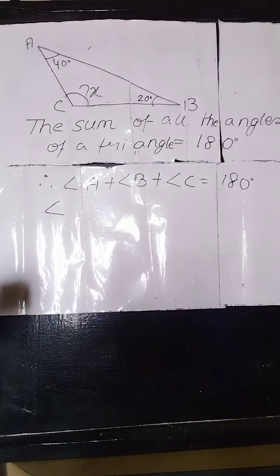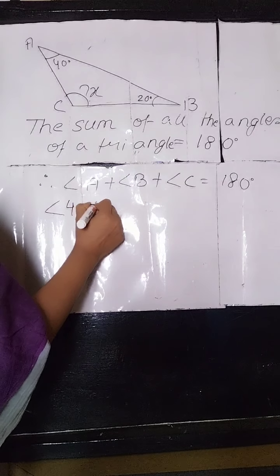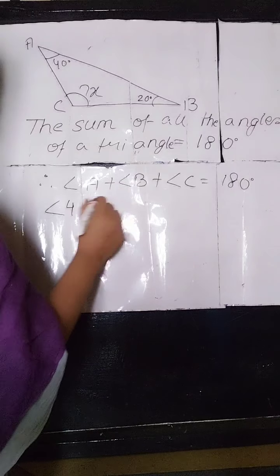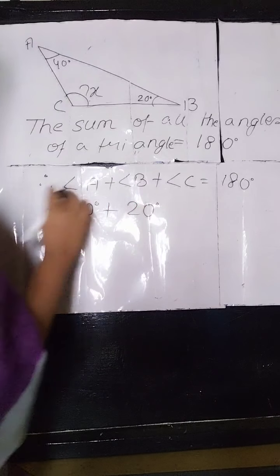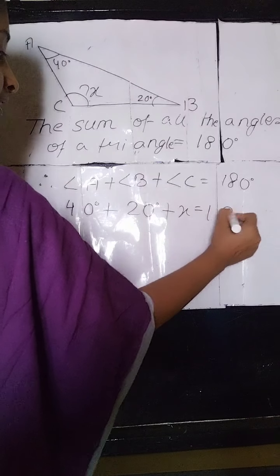Angle A is given as 40 degree. Angle B is given as 20 degree. And angle C is missing, so you will write x equals to 180 degree.